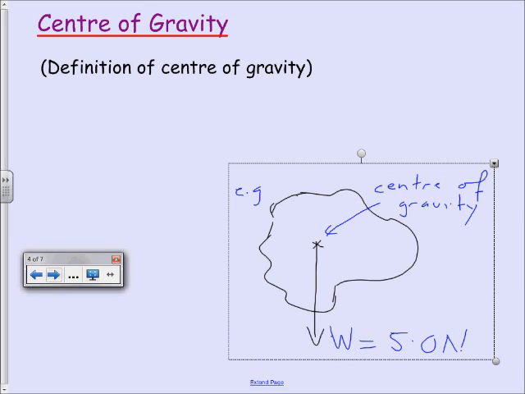Right, related to mass and gravity is something called the center of gravity of a body. Those who've done IG, it would have been called center of mass. So the two terms refer to the same point on a body. All right, so for your definition of center of gravity, I want you to look up your dictionary.